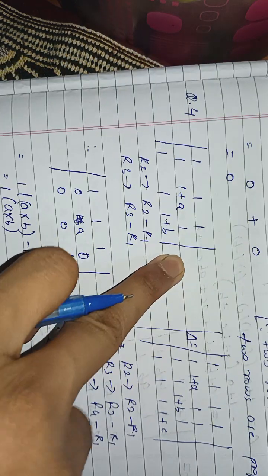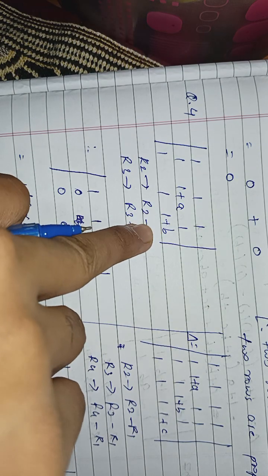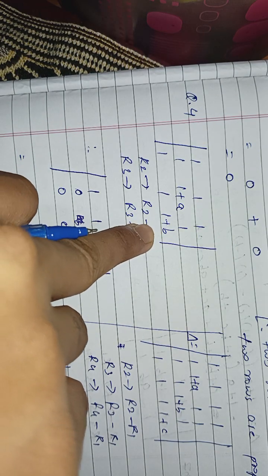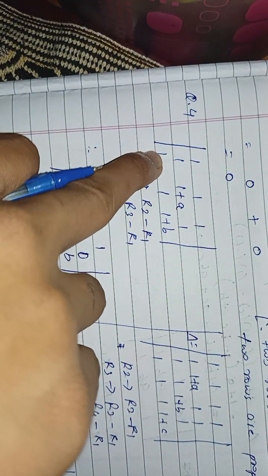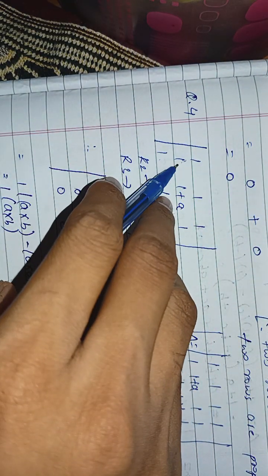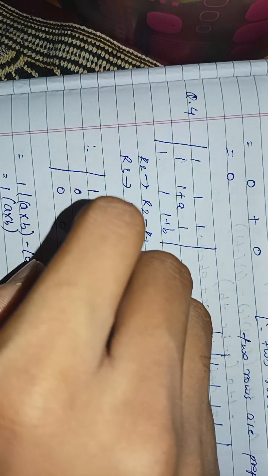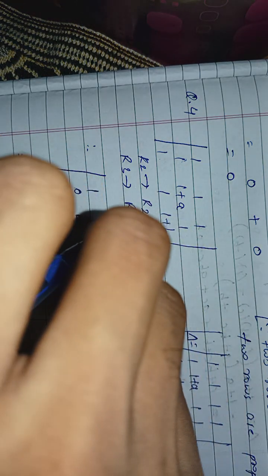So suppose you got a matrix like this and they want the determinant for this. If there is 1 1 1 in a column, you can transform these two elements to 0 by doing the row elementary operations, and then you only have this one. So it is easy to get the determinant of this.